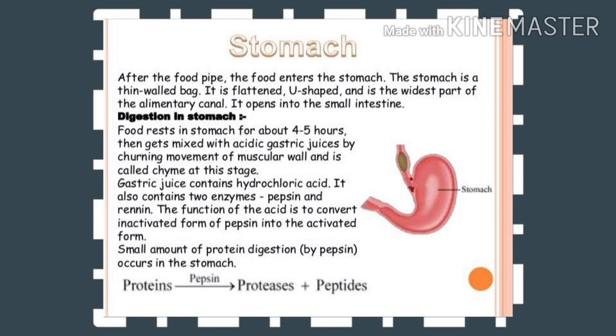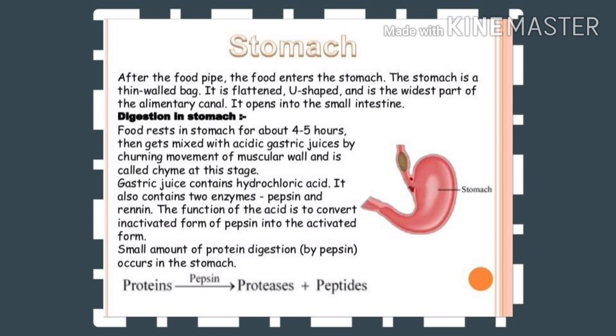So gastric juice contains hydrochloric acid. And it also contains two enzymes, pepsin and renin. So these two enzymes along with hydrochloric acid. The function of the hydrochloric acid is, you will write this down clearly, to convert pepsin into its activated form.